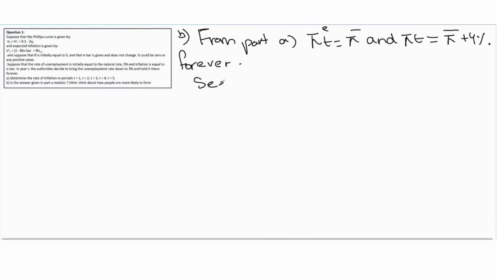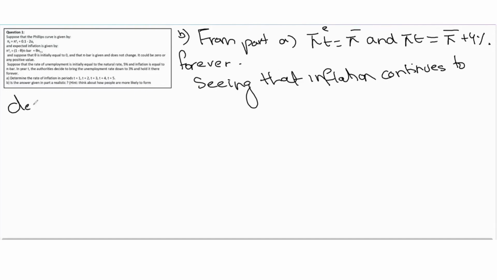Now, seeing that inflation continues to deviate from pi bar, which is your expected inflation, people will change the way they form expectations. So this is not a realistic scenario because inflation expectations will de-anchor eventually.